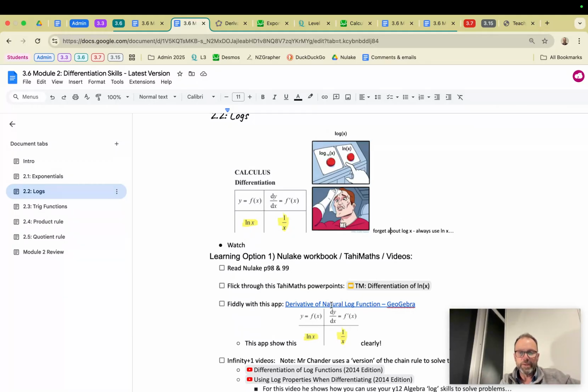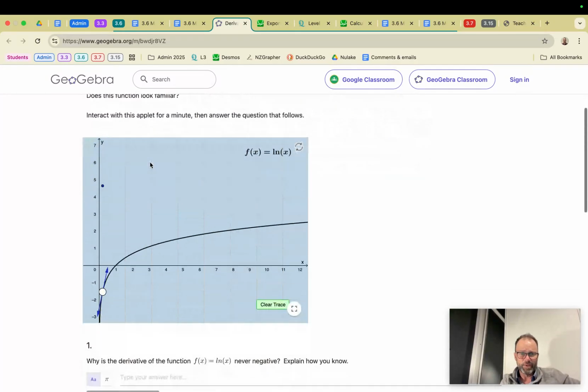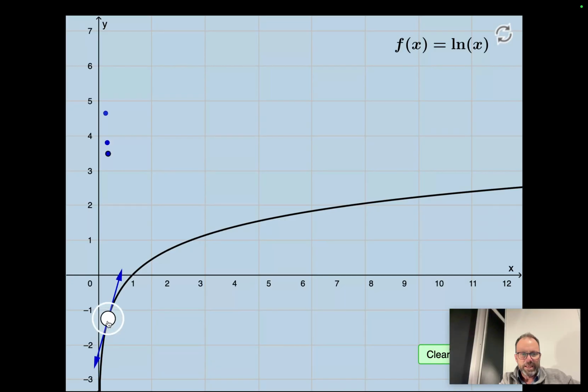If you click on this app here, I'd like to thank Mr. Tim Brunitsky. Apologies, I mispronounced your name there. But this is really good. What you're seeing here is a natural log curve, similar to a log curve. When x is 1 on your graphing calculator, natural log of 1, the answer would be 0.